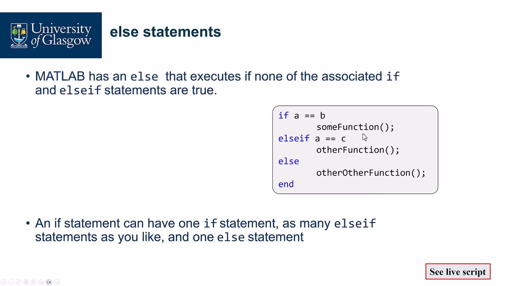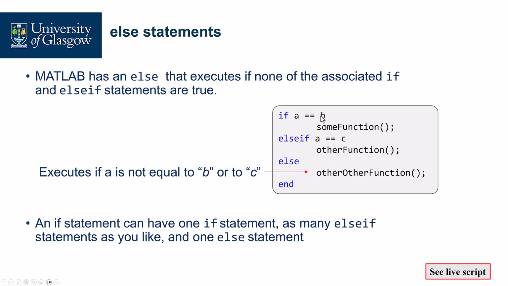Not only elseif, we also have the else. Else means if the if and all the previous elseif conditions are not true, then we will execute the things after the else, right? So for this example, if A equals B, some function, elseif A equals C, some function, else.